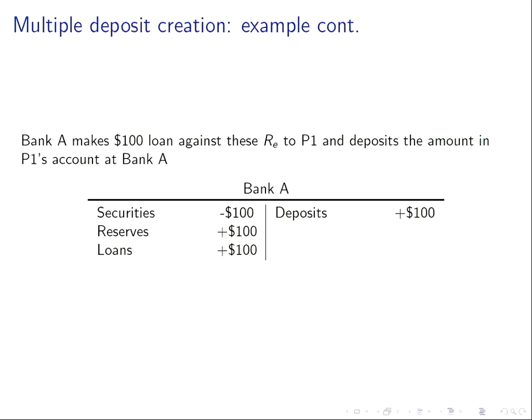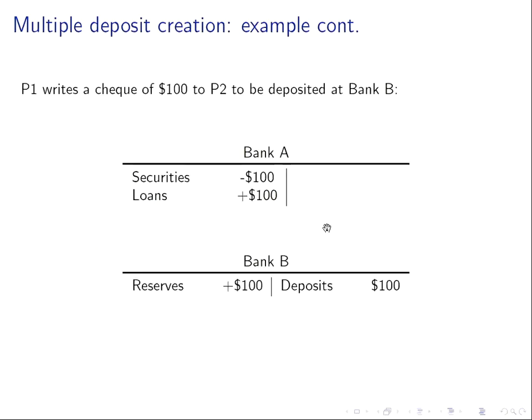Now, in the case of multiple banks, what happens? P1 writes a check of $100 to P2, and that is deposited at Bank B because P2 holds a deposit account at Bank B. Now, to your question, does the deposit not go down? It does, see? At Bank A, the deposit account goes down to 0.